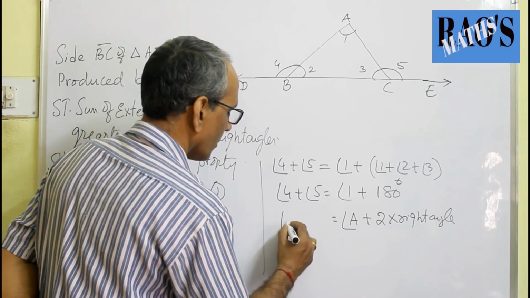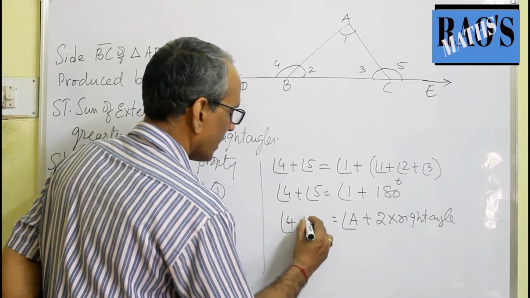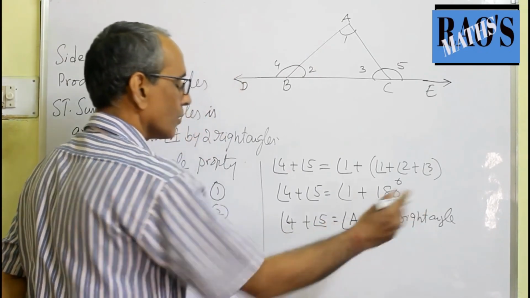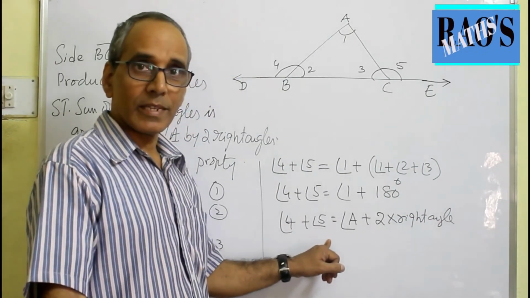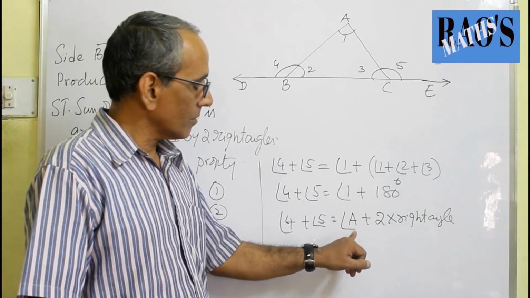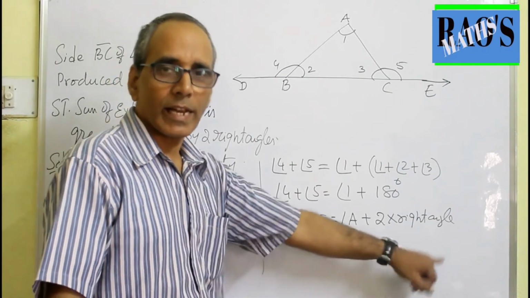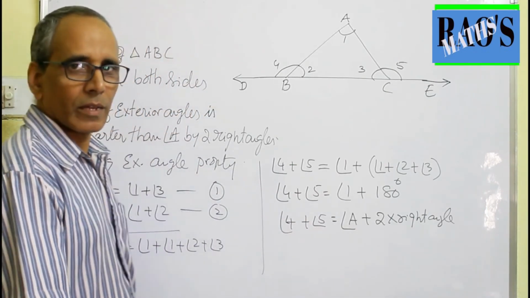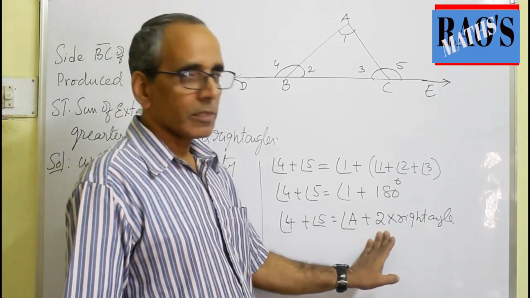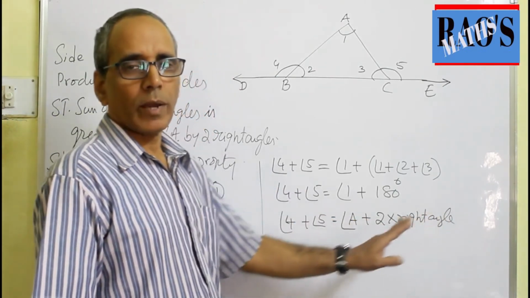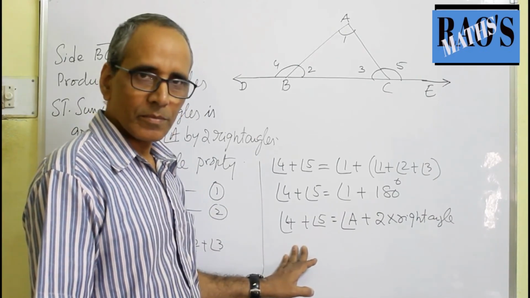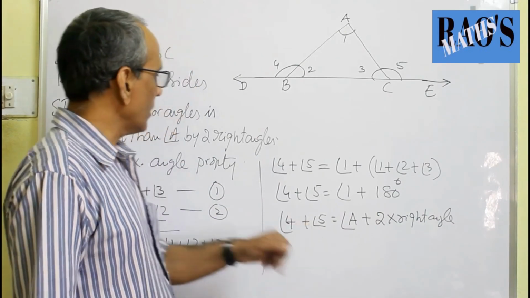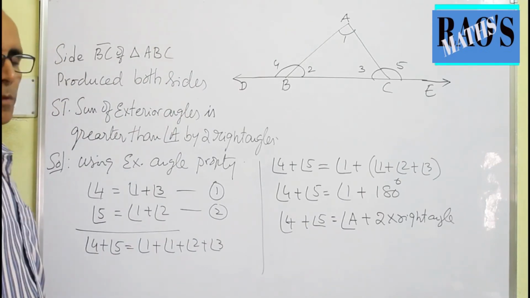So angle 4 plus angle 5, the sum of the two exterior angles, is greater than A by 2 right angles. When I add 2 times a right angle to angle A, then I get this. We proved it, very simple, by using the exterior angle property.